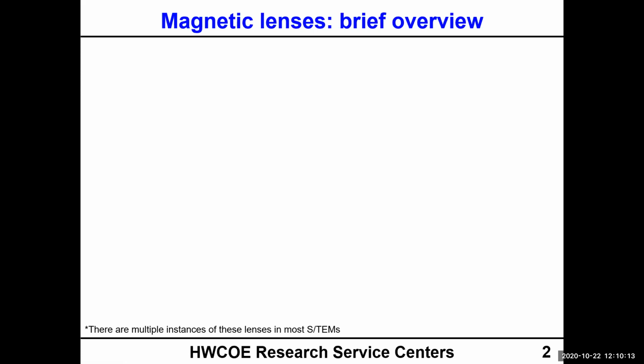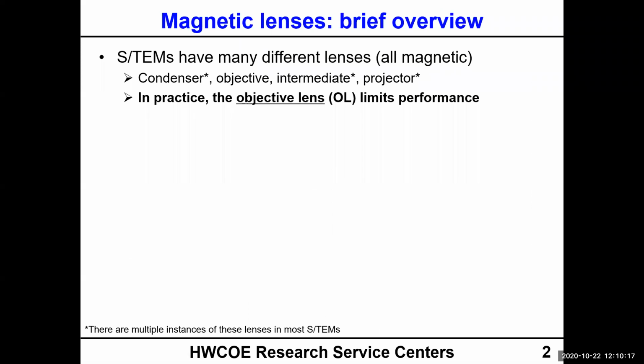A brief overview of just magnetic lenses, because the lenses in your STEMs are magnetic lenses, or more appropriately called electromagnetic lenses, because we know that the electric and magnetic forces are just relative versions of one another. STEMs have many different lenses.